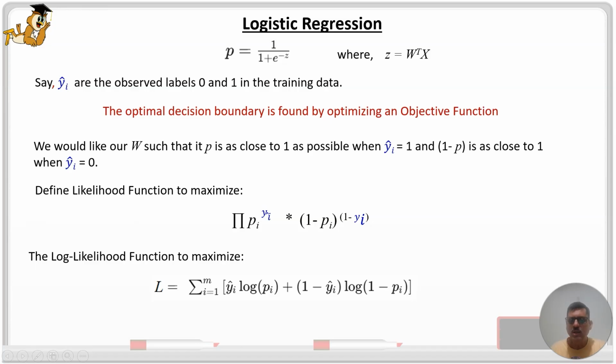The important thing about logistic regression is the way this log likelihood function has been defined. It's been defined in a rather nifty sort of a manner, and there is a reason why this makes a lot of sense. We will see the benefits of defining it in this manner in the next 2-3 slides.